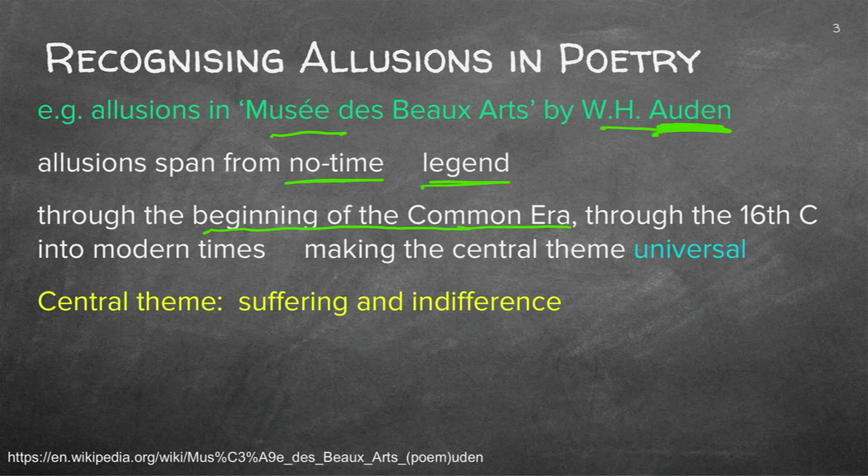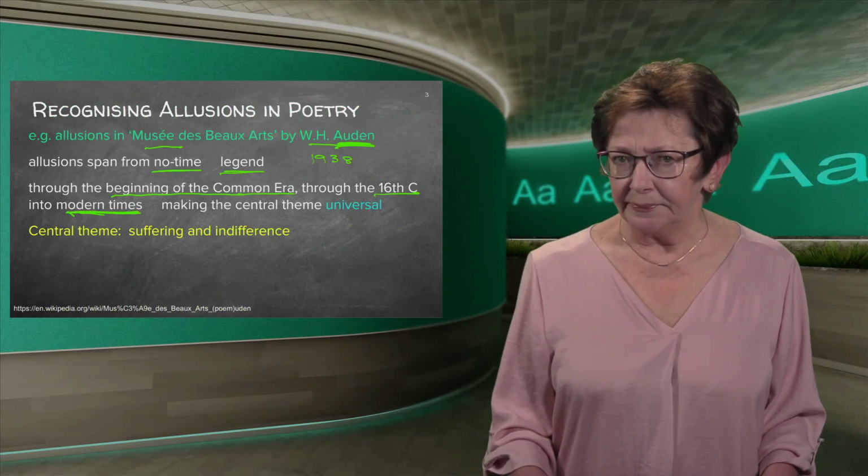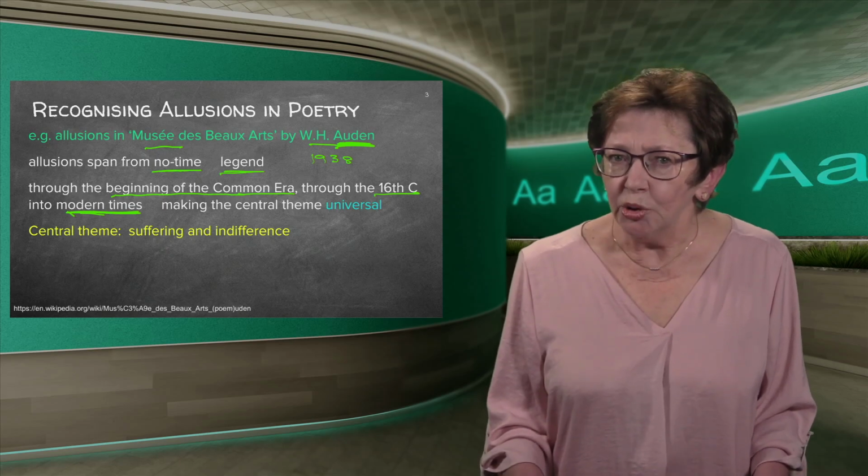It's the birth of Christ, through the 16th century, and also specifically Bruegel's time, which was also the time of the Spanish Inquisition, to modern times, because remember, he went into this arts museum in 1938. So you can see how time is spanned through allusions in this poem.